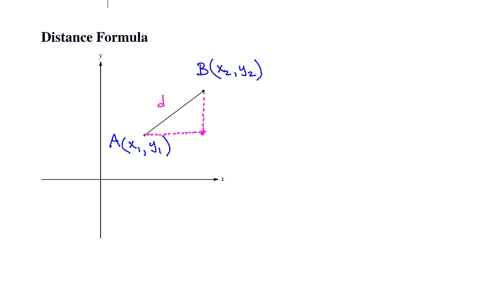And where those 2 lines meet is point C. And now to find the coordinates for point C, notice that point C and point B are all on the same x line. So the x-coordinate for point C is x2, and the points A and C are both on the same horizontal line, so they both have the same y-coordinate, which is y1.